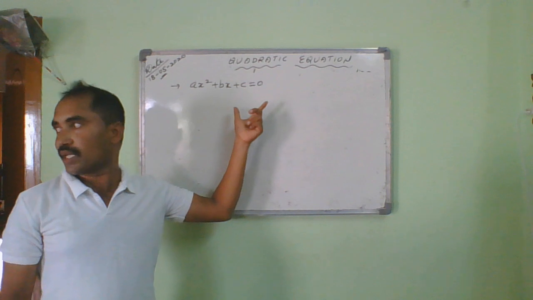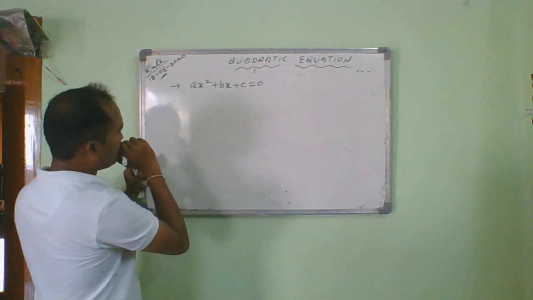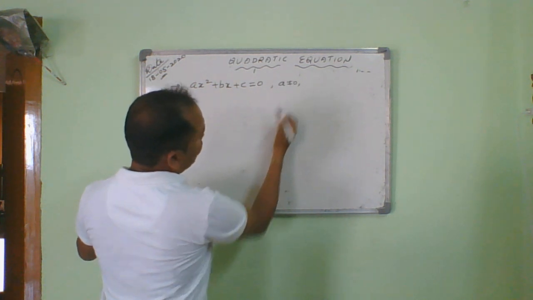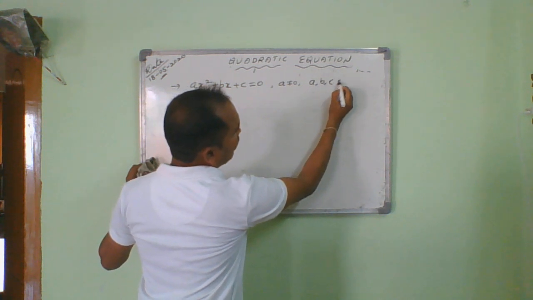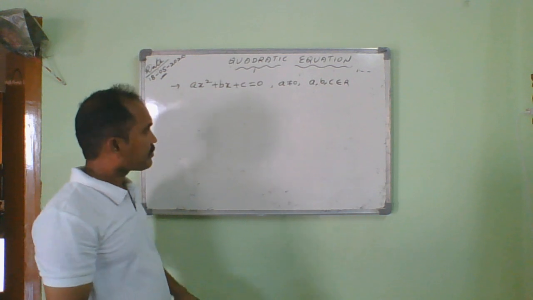a quadratic equation, right? Here the condition is a not equal to 0. Next, a, b, c belong to the real numbers, right?